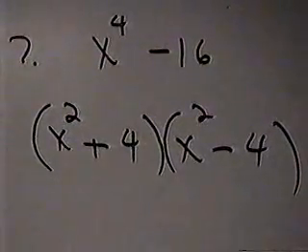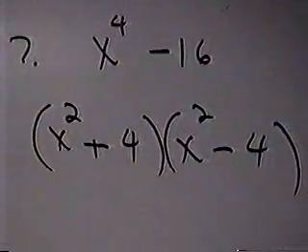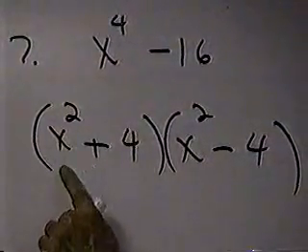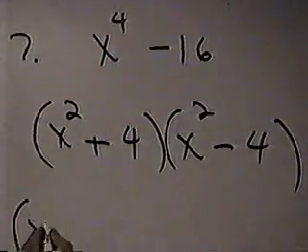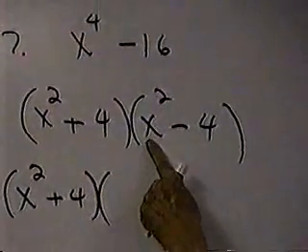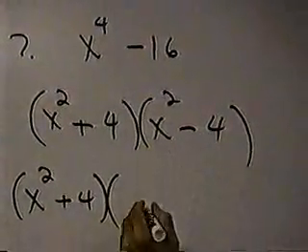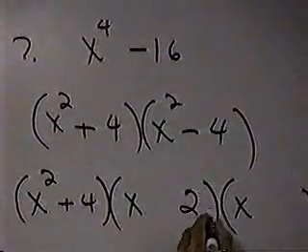But don't forget, always see if you can factor some more when you get through with the problem. Check each one of these out. Perfect square, yes. Perfect square, yes. Plus, nope. That can't be factored anymore. We'll just copy it down. Perfect squared, yes. Perfect squared, yes. Minus, yes. So that can be factored into x and 2 and 2.